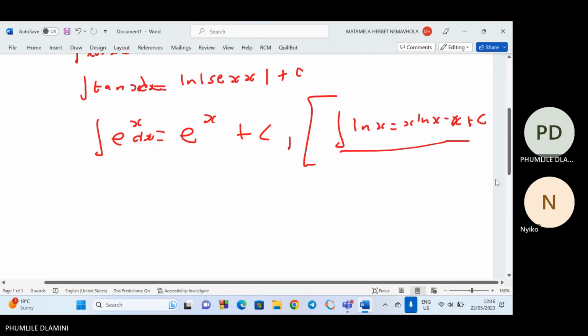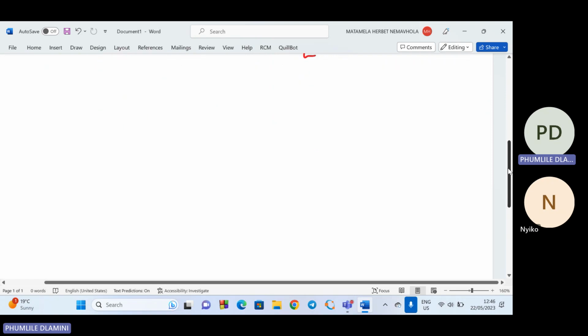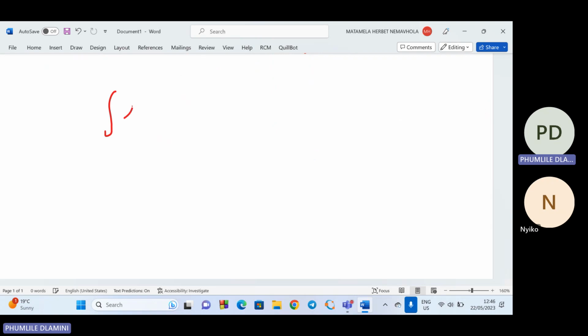So now the question can ask you to integrate anything. For example, you can be given the integral of e to the power x squared dx. So when I'm given that, I have to integrate it. In integration, we have something called integration by substitution.